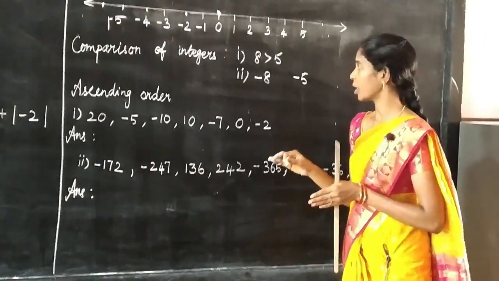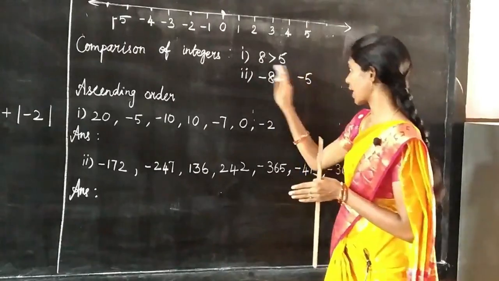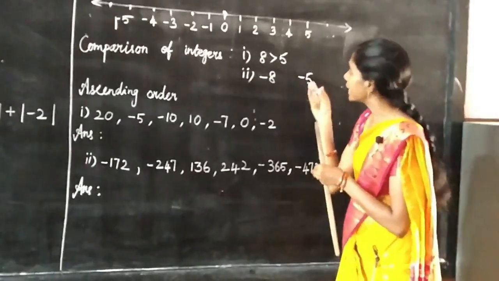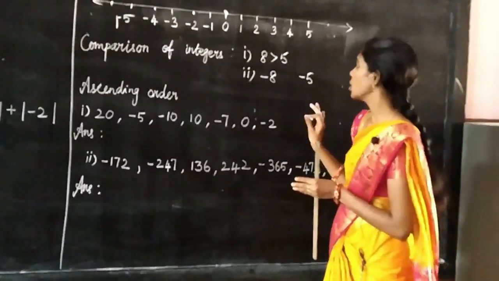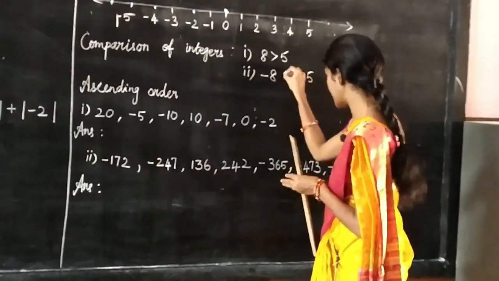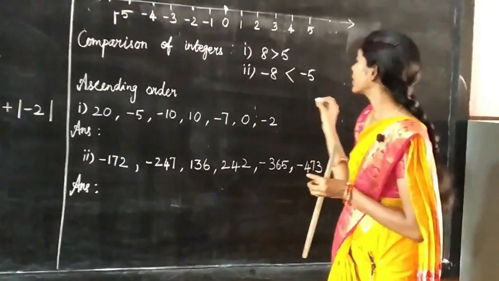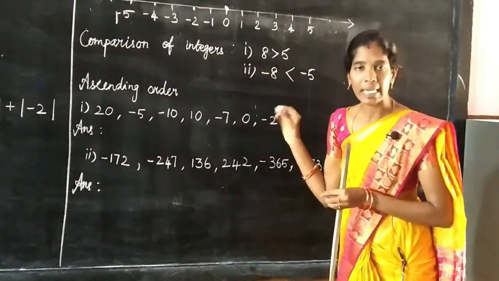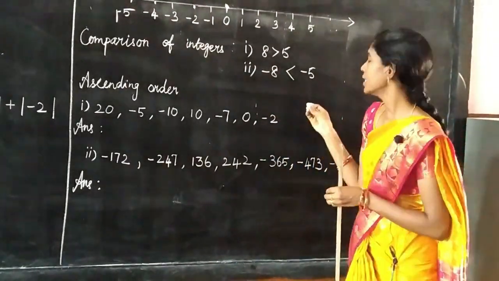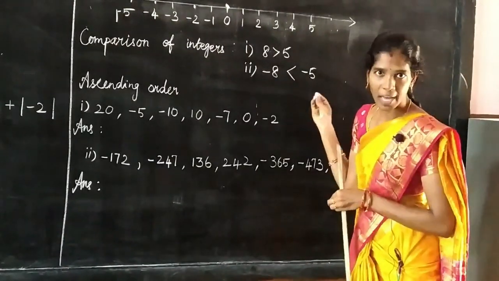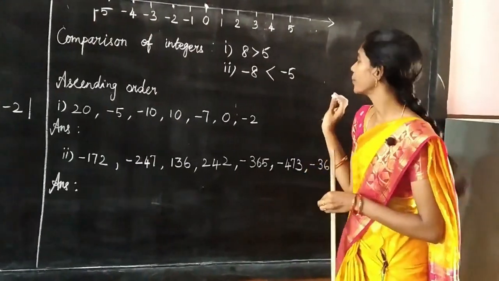If both are negative numbers, we ignore the sign, and then the greater number is the smaller one. So minus 8 is less than minus 5. Otherwise we can say the integer with a greater absolute value is smaller, and the integer with a smaller absolute value is greater.